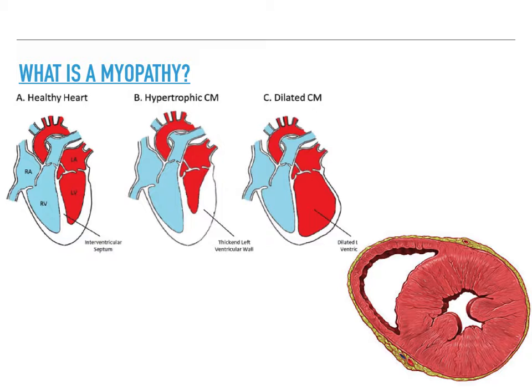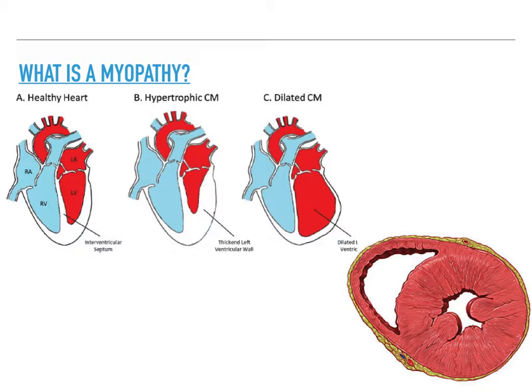Just because you have more muscle does not mean that it's better, because more muscle does not necessarily mean stronger contractile force. That's why I incorporated this image here, because you could see that yes, you do have a lot more muscle, but you have a lot less space for your blood to be in there, and less space for that heart to actually contract and recoil back or to fill up its ventricle.